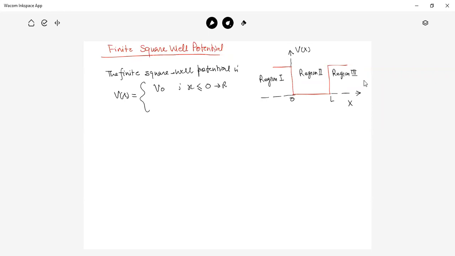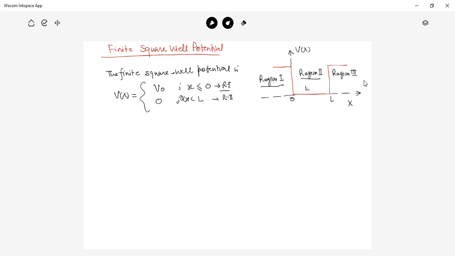That is region 1. And it is 0 when x is greater than 0 and less than L, and this is region 2.